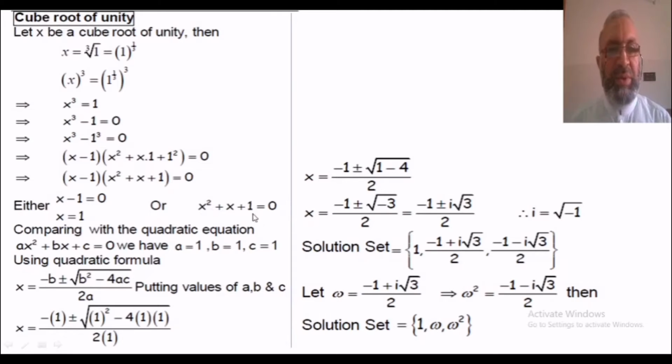I am going to solve this by the quadratic formula, comparing this equation with the standard form of the quadratic equation. We have a is equal to 1, b is equal to 1, and c is equal to 1.